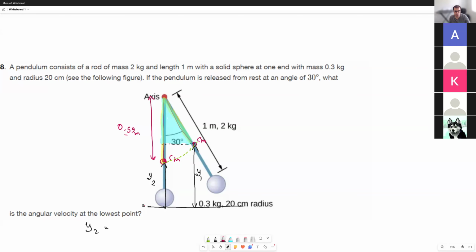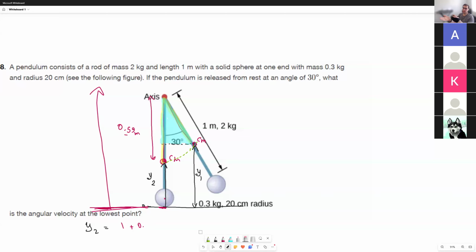And then, do you know from here to here is how much? 1, not only 1. 1 plus 0.4? 0.2 or 0.4? If it's from the center, it's going to be 0.2. If it's from the bottom, it's going to be 0.4. Yeah, 1 plus 0.4.